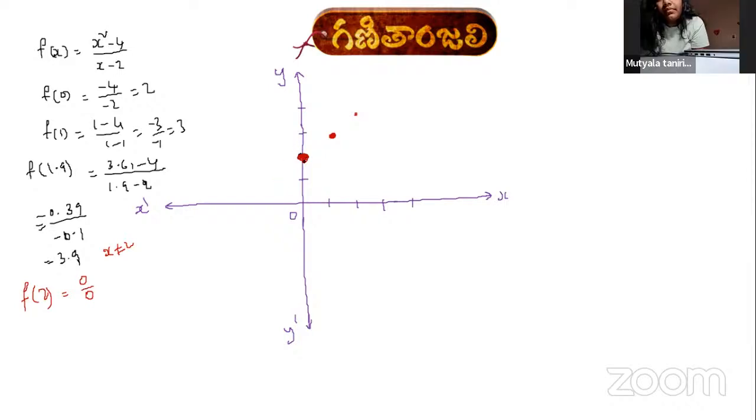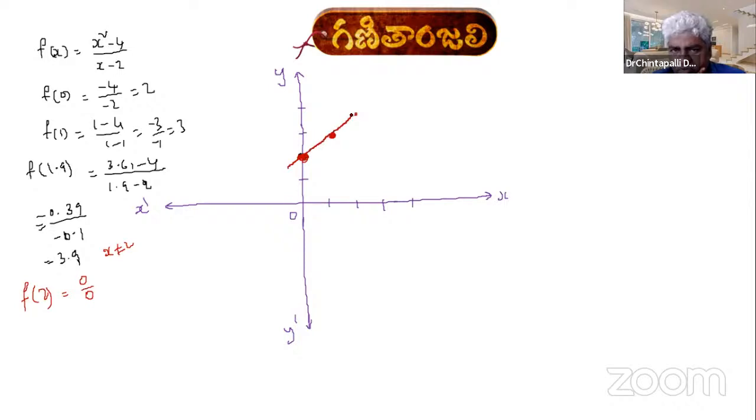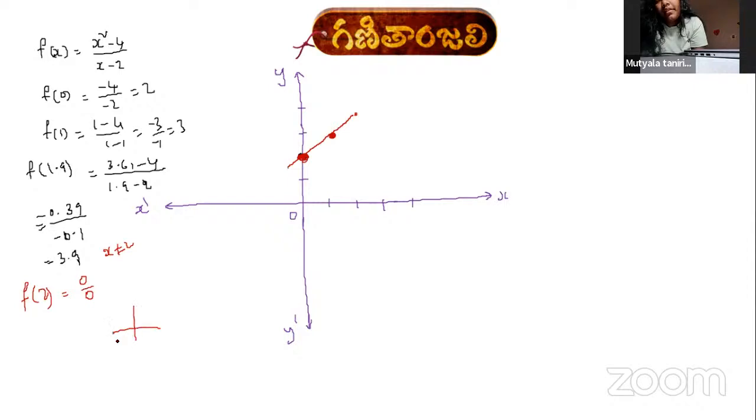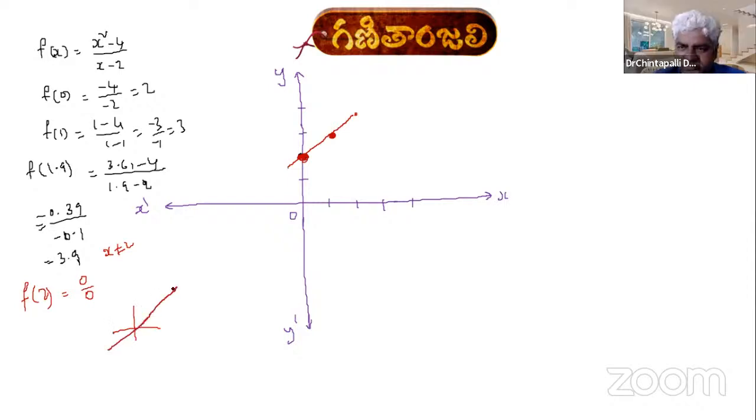Indeterminate form. That means if you try to draw the graph, previously he told about the graph y equal x. The graph is like this. But if you try to draw this graph, it is like this. You know, f of 2.1 is also possible.